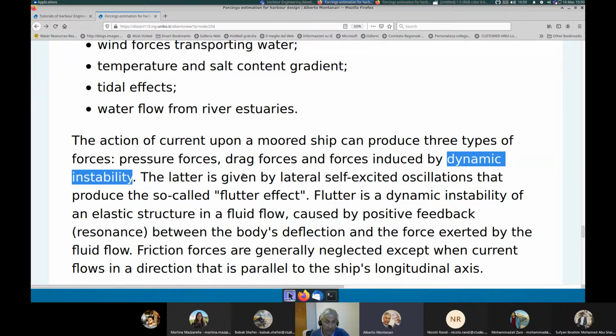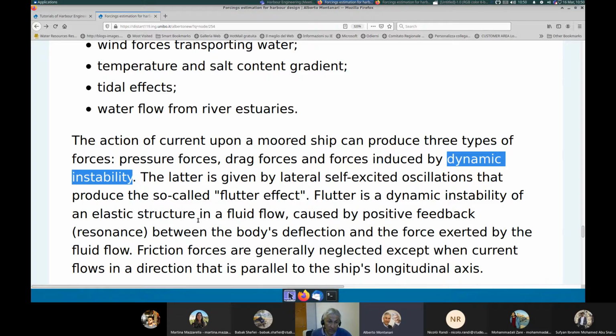It is given by a lateral oscillation that produces the so-called flutter effect. Flutter is a dynamic instability of an elastic structure in a fluid flow caused by resonance between the force exerted by the fluid flow and the deflection of the body of the ship.